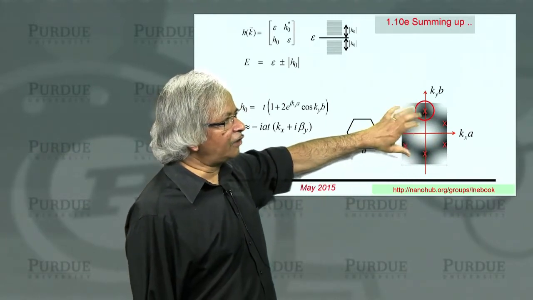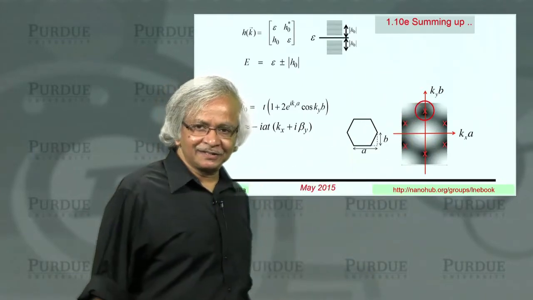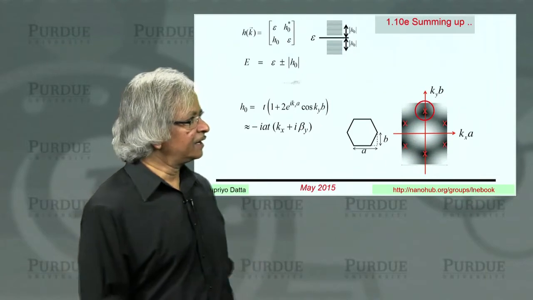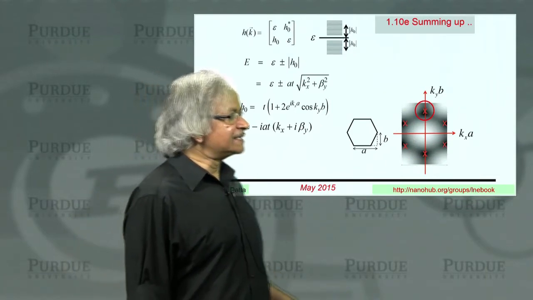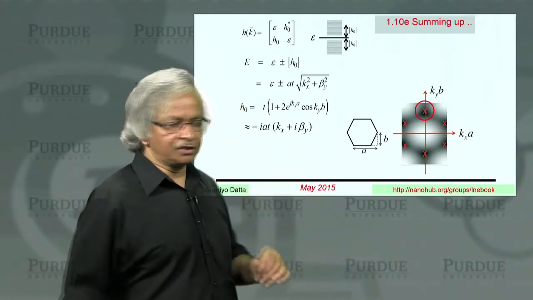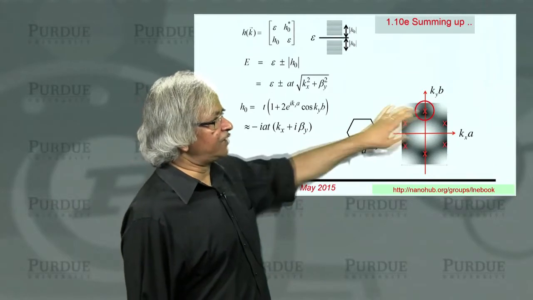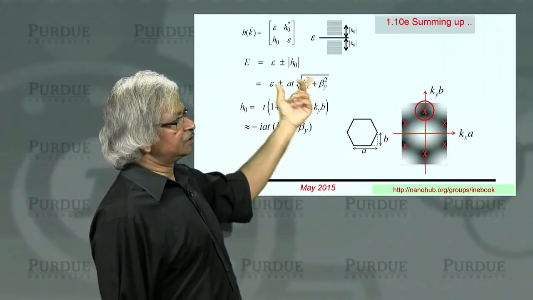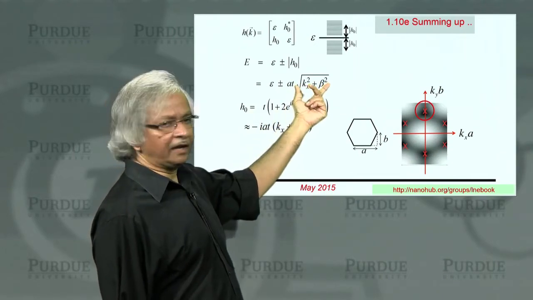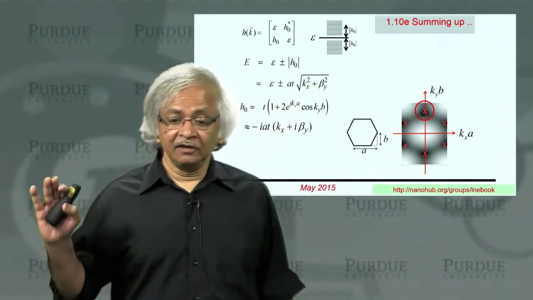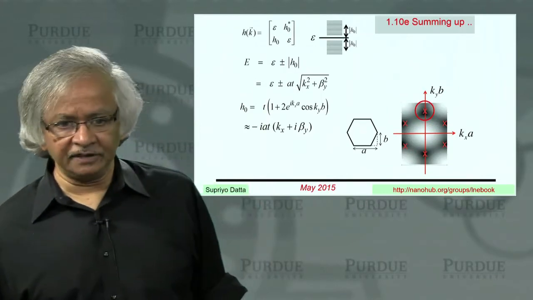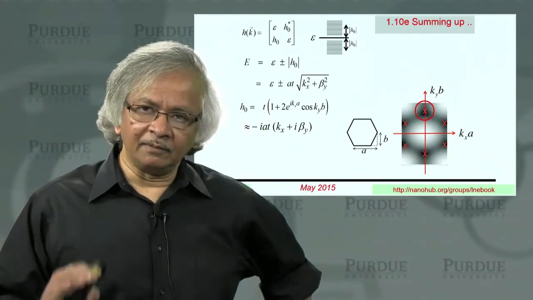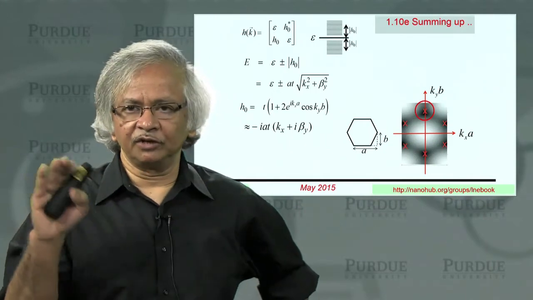And offhand, you might think there are 6 valleys, but the point we try to make is that actually it's only 2 valleys. And for that, you have to consider this Brillouin zone. And around each one of those valleys, you can make this approximation so that E just looks like it's proportional to K. And that is, of course, one of the very important properties of graphene that distinguishes it from the common semiconductors. Common semiconductors, E is proportional to K squared.